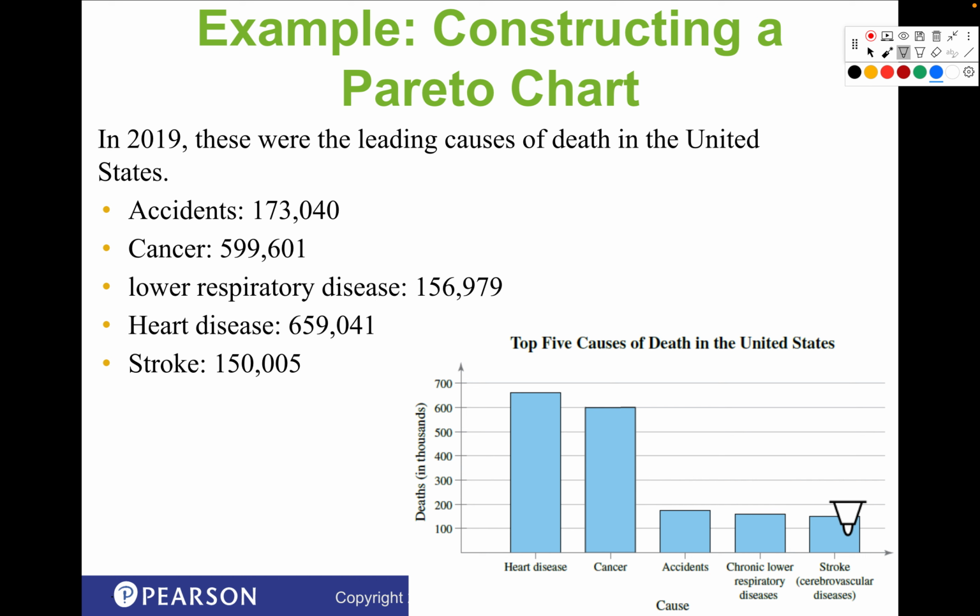So even though this is by itself not ordinal, unless you were to say, these are the top 5 causes of death, and then now they're ordinal. So it forces an order on things. Okay, so when you see Pareto chart, that's just going to force the order on it.